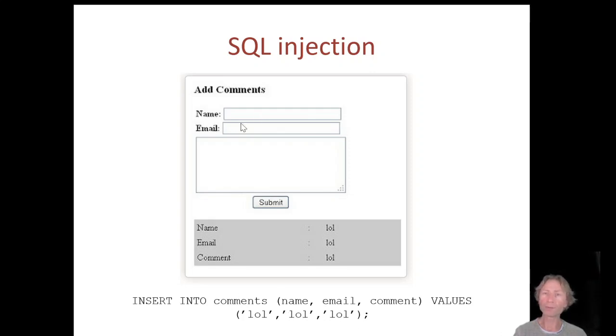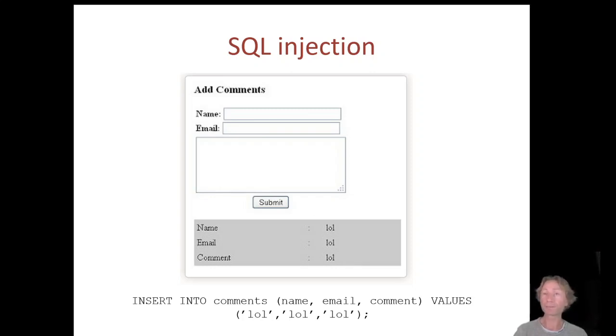For instance, if you type lol lol lol, the query that we construct in this application will be insert into comments for name, for email, and for comment, these columns, the values lol, lol, lol. And then we'll have lol, lol, lol in these three output fields.